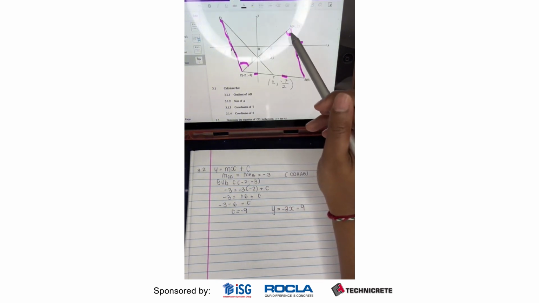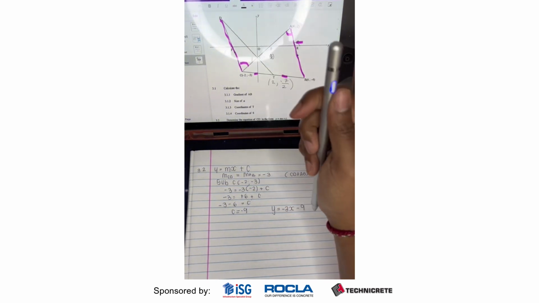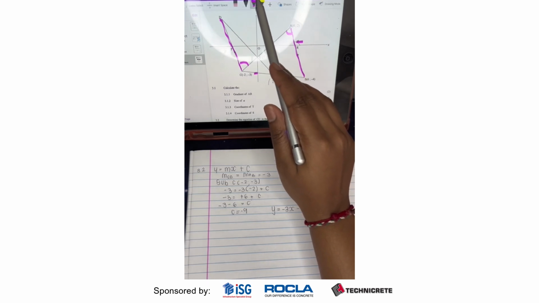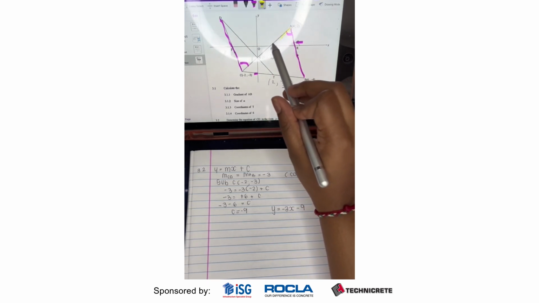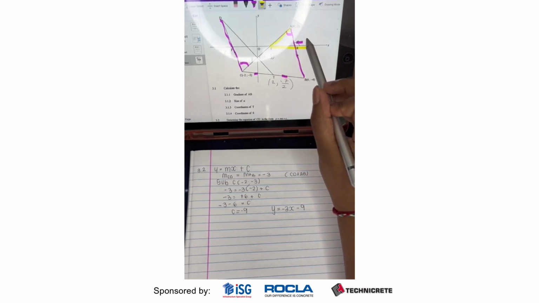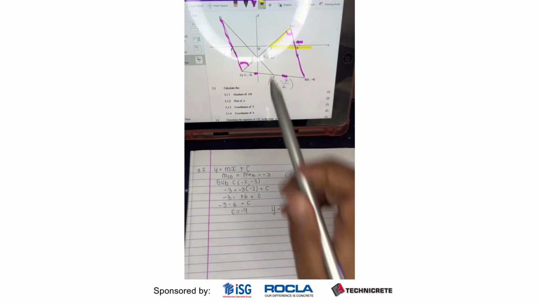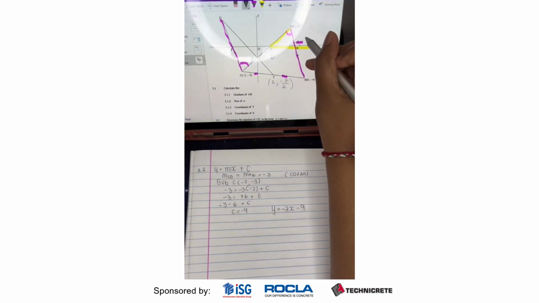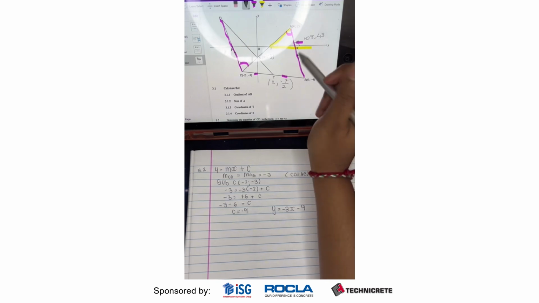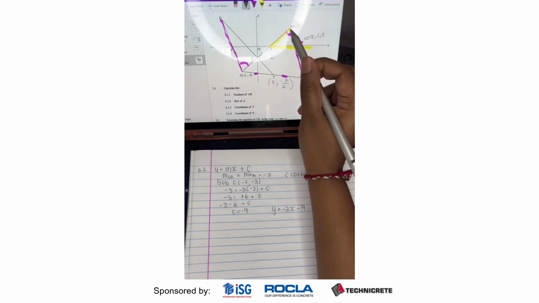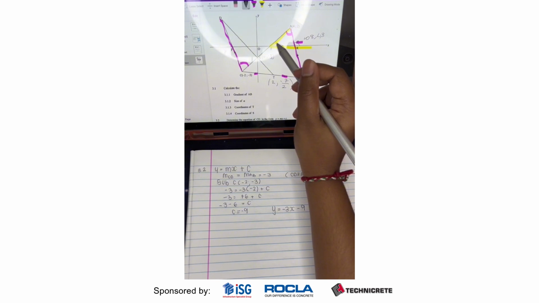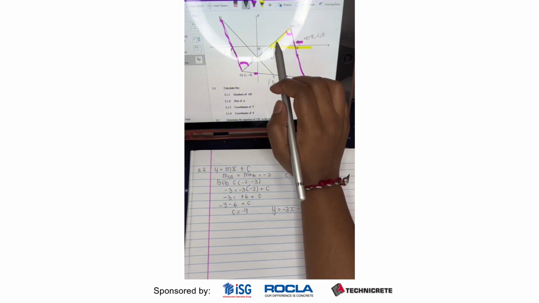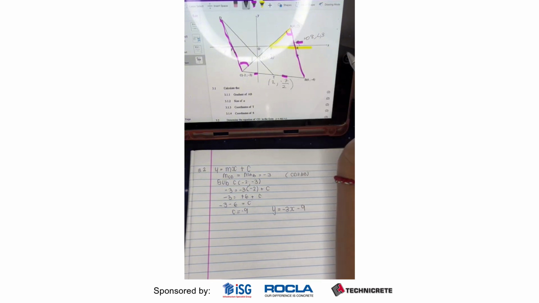But I don't know what that angle is. But here, looking at my question, I can see a triangle. And I know this angle A because we calculated previously to be 108.43. So I can use exterior angle of a triangle if I knew that angle and that angle. If I just find this angle, I can find that angle.